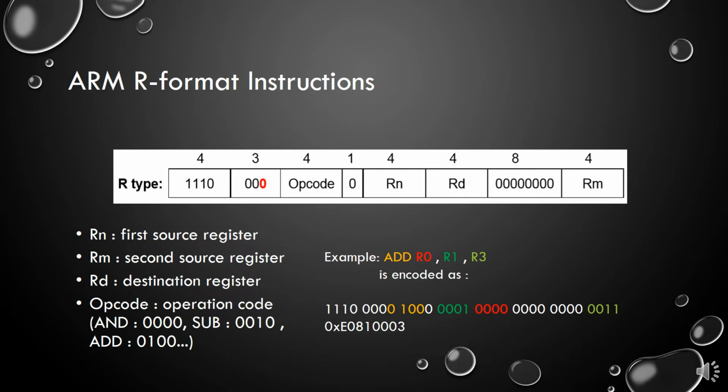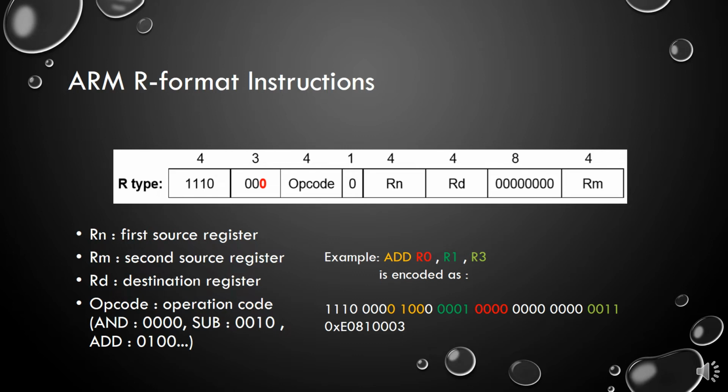In the R format of ARM, we can identify 3 types of registers. We have 2 source registers Rn and Rm and 1 destination register Rd. We can as well identify the opcode, the operation code, which is similar to MIPS. And we have some examples here, and is 0000, sub 0010.